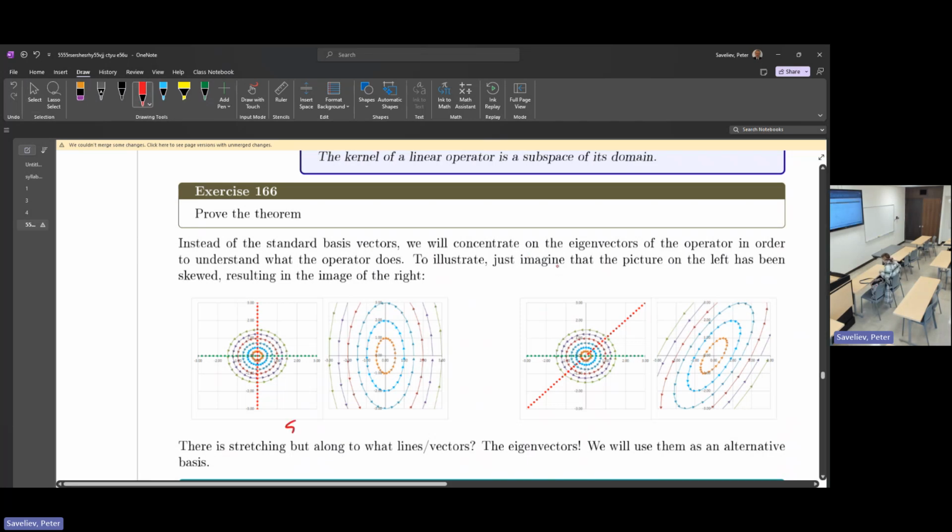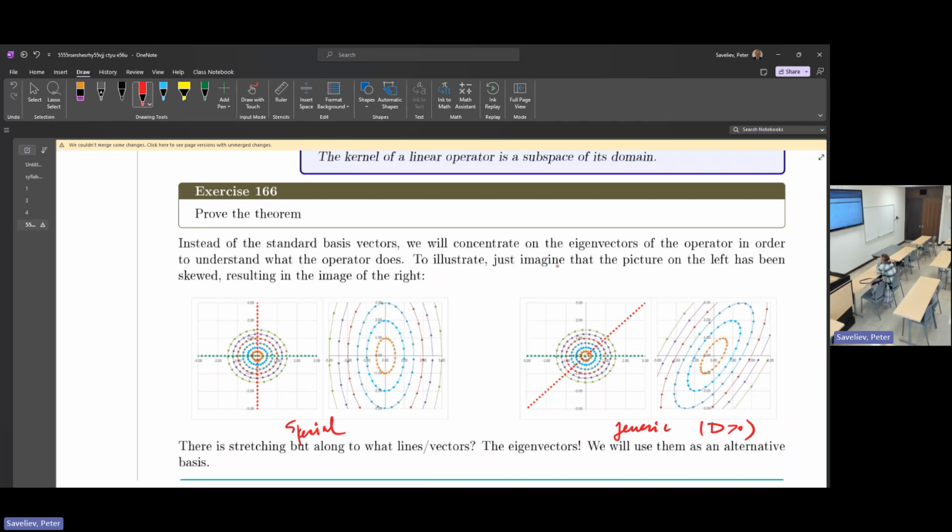So this is special, and this is generic. But still, the discriminant of the characteristic polynomial is positive, which means that you have two different eigenvalues, and therefore, according to our classification theorem, there will be different stretches along two lines, and those two lines have to be found, and they do not have to be the axes anymore.